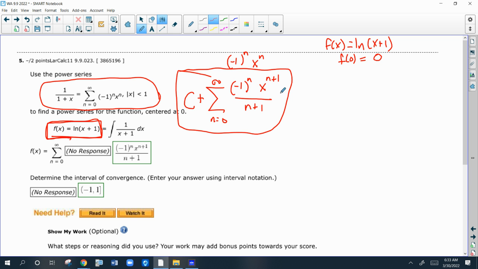So if you plug in 0 for this x, this power series, since it's the natural log of x plus 1, would be 0. So we get 0 equals c plus 0, so c equals 0. So therefore, we can eliminate that c. We're not really eliminating it, it just equals 0.